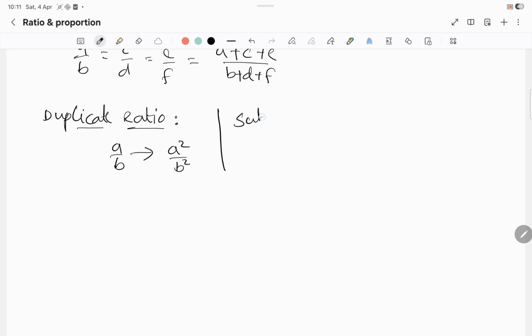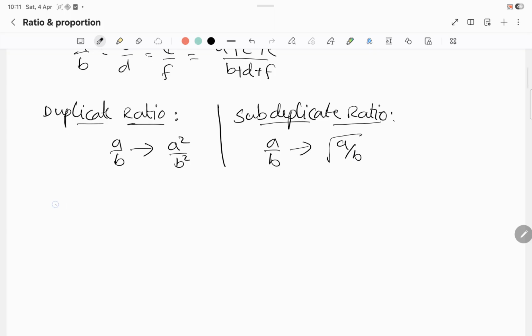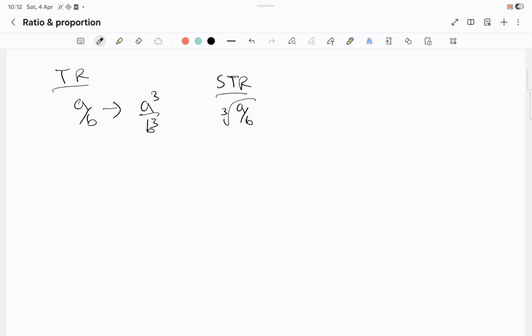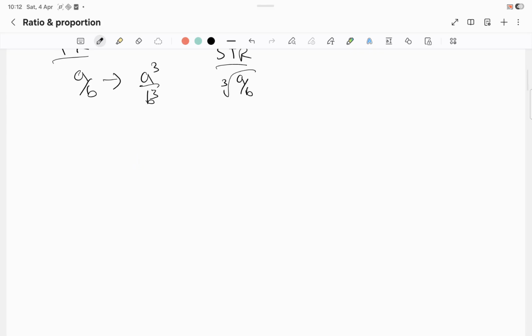Then subduplicate ratio will be, if A by B is the ratio, root of A by B. In the same way, now you got the idea, triplicate ratio will be A cube by B cube. Then subtriplicate ratio will be cube root of A by B.